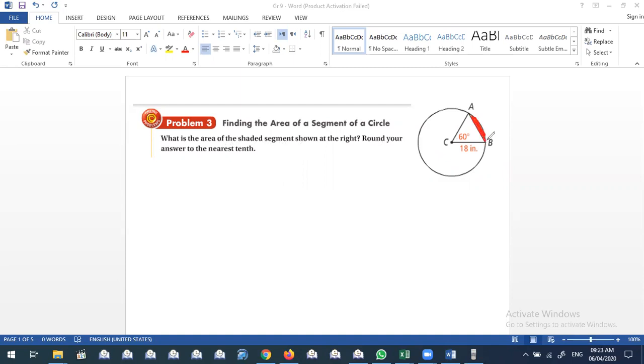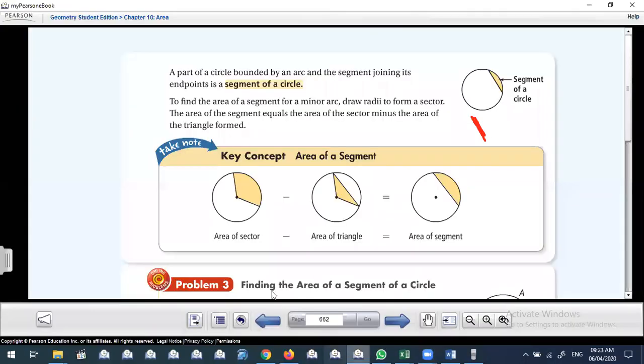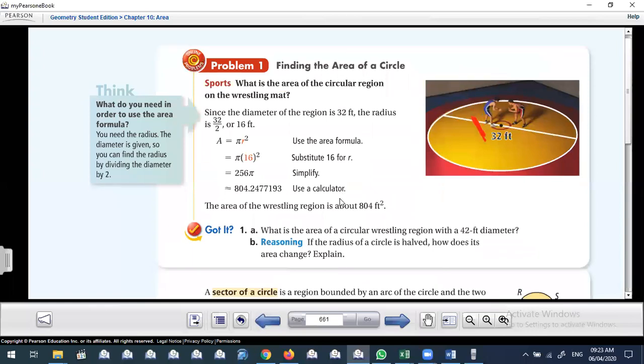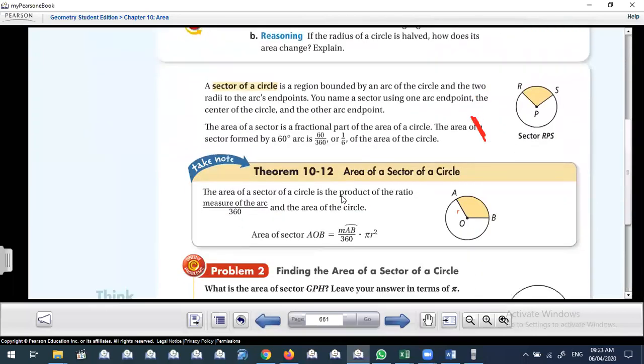First, we need to find the area of this sector, sector ACB. How can we find the area of the sector? As we studied yesterday, area of the sector is the measure of the arc of this sector over 360 times area of the circle.